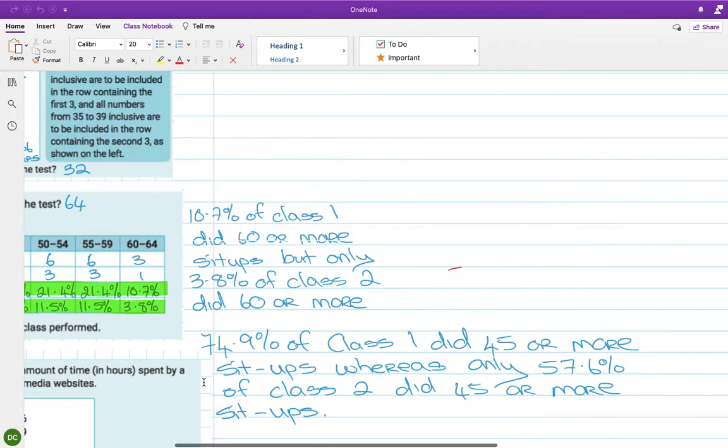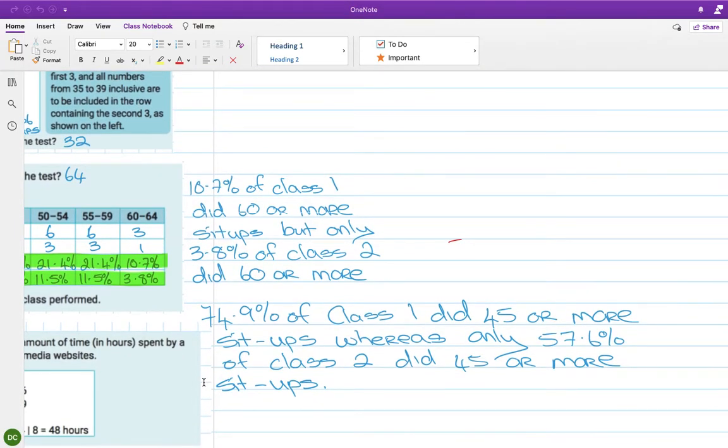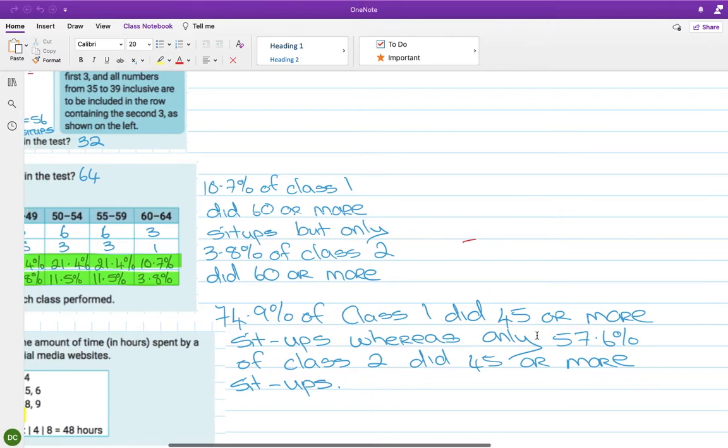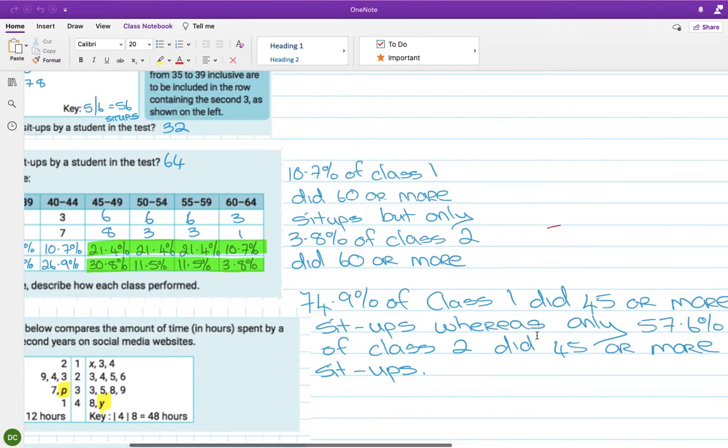Okay, so that's what I have there. So nearly 75% even, of class 1 did 45 or more sit-ups, whereas only 57.6% of class 2 did 45 or more sit-ups.